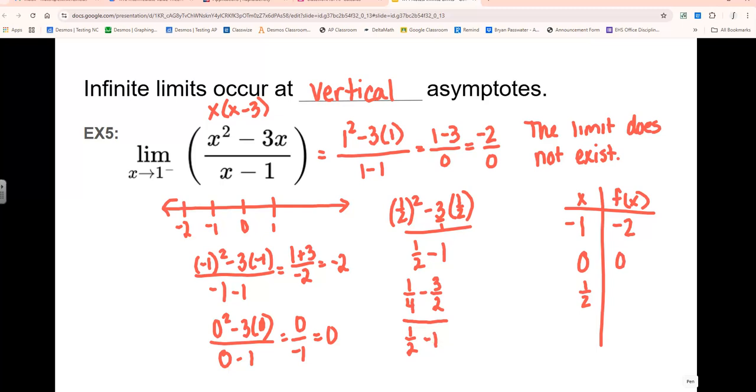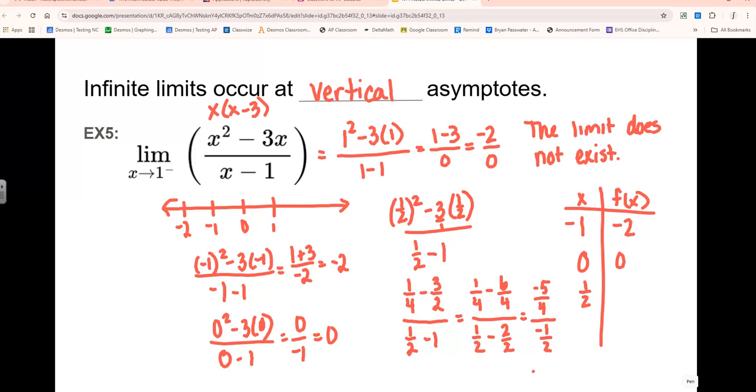To subtract fractions, you have to have common denominators. So that's going to be 1/4 minus 6/4, divided by 1/2 minus 2/2. So that's going to give me -5/4 over -1/2.